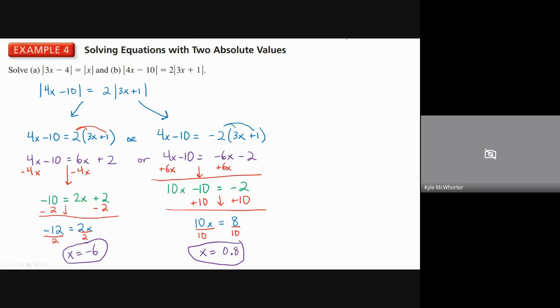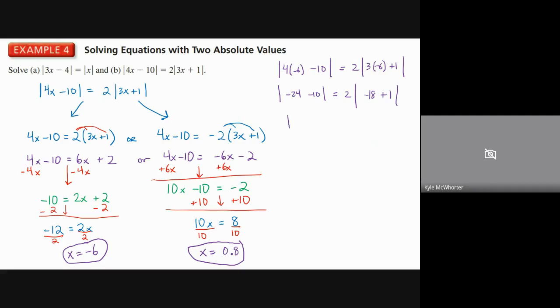So I'm going to check them in the original equation. So let's see. 4 times negative 6 minus 10 equals 2 times the absolute value of 3 times negative 6 plus 1. 4 times negative 6, that would be negative 24. 3 times negative 6, that's negative 18.